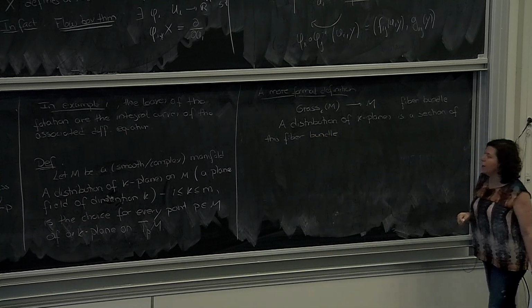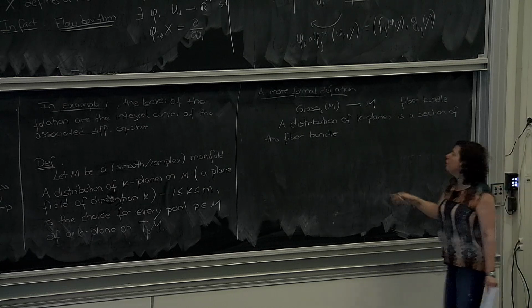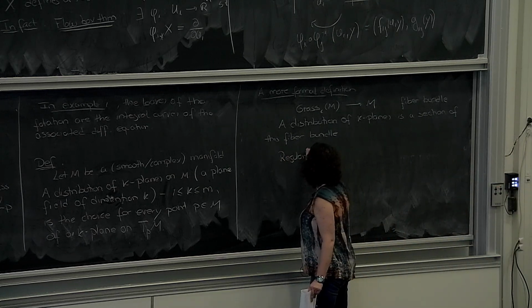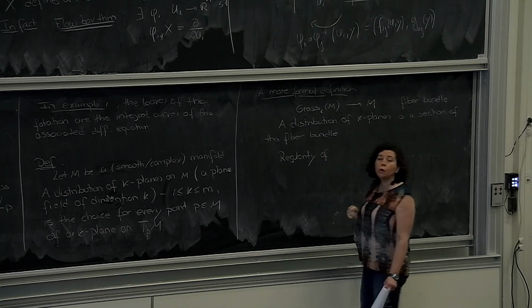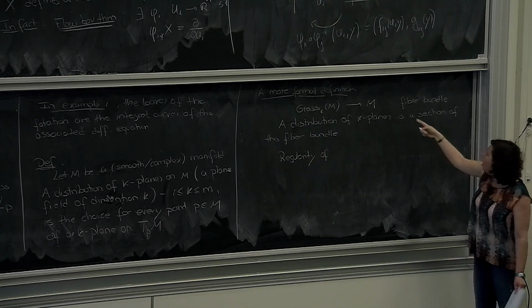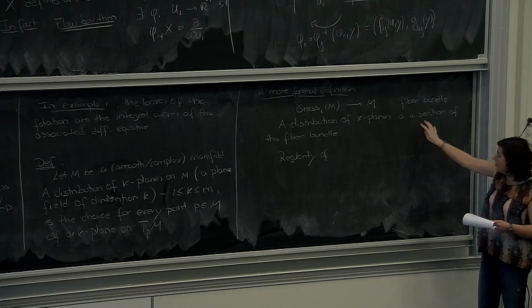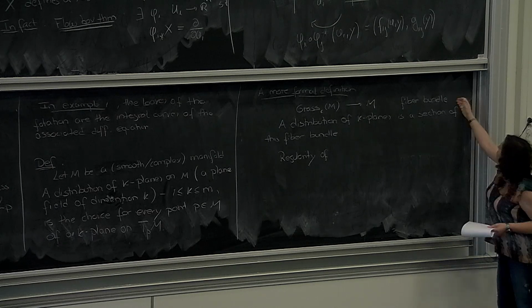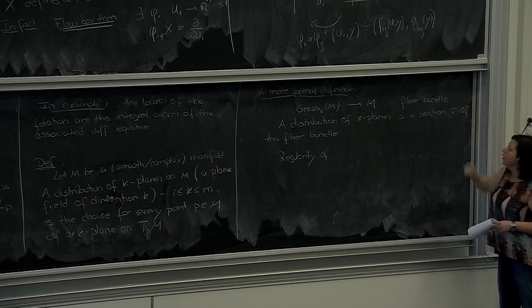And if we define the distribution in that way, the regularity of the distribution corresponds to the regularity of the section, viewed as a map between two manifolds. Let me put here a letter: a section sigma.